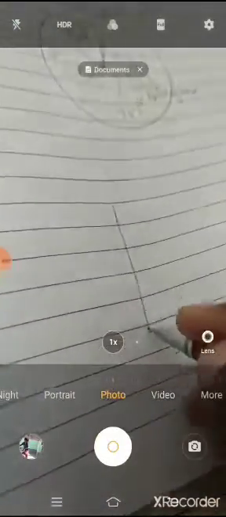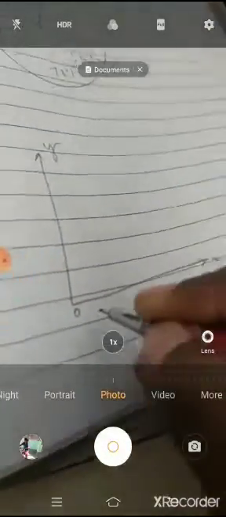Making a graph, the first step is you have to draw two perpendicular lines. You have to label them y-axis and x-axis and O at the origin. From here, you have to take the time along the x-axis and distance along the y-axis, and we have a scale for the graph.